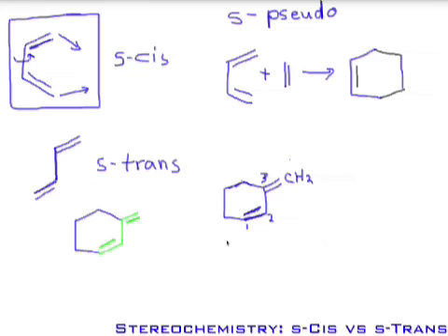So this is 3-methylenecyclohexene. And you're responsible for that name now. 3-methylenecyclohexene cannot get pseudo-cis. Hence, if pseudo-cis is required to do a Diels Alder, there should be no reaction.